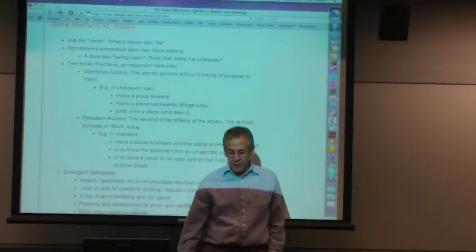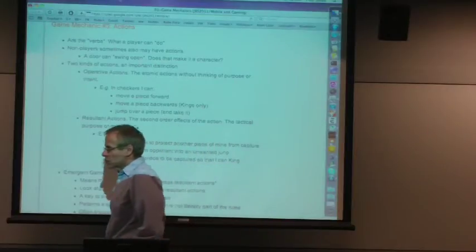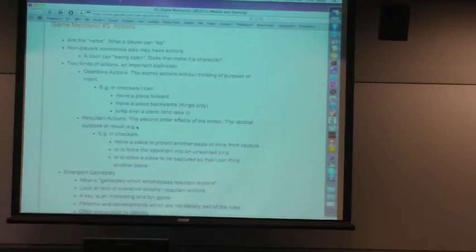Now, there's a little bit of a tricky topic, a subtle concept, which may or may not be helpful. I read about it and internalized it, and I'll describe it to you, and you'll see it when you get to the reading. It's the difference between what he calls operative actions and what he calls resultant actions.